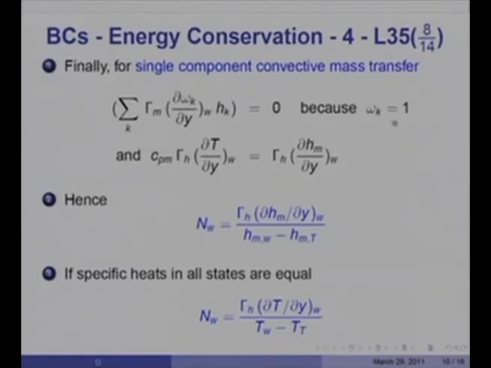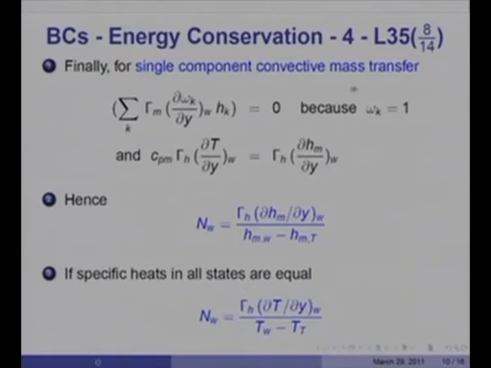Now in this case omega k is equal to 1, therefore this part of the numerator will be 0, and Cpm gamma h dT by dy would be simply gamma h, because I can multiply Cpm inside this, and therefore that will give me dhm by dy at W, and hence I get NW equal to gamma h dhm by dy at W divided by HMW minus HMT, which is again what we had earlier.